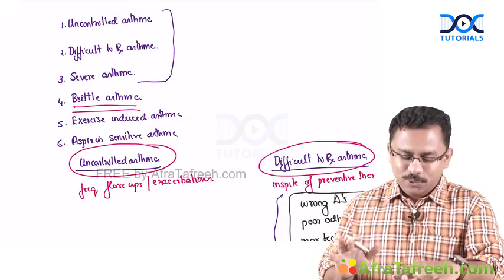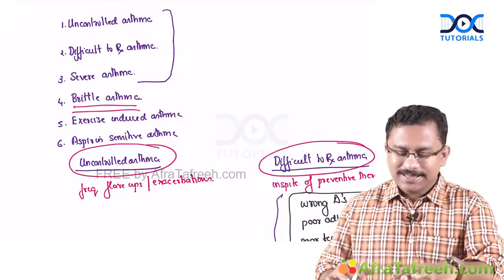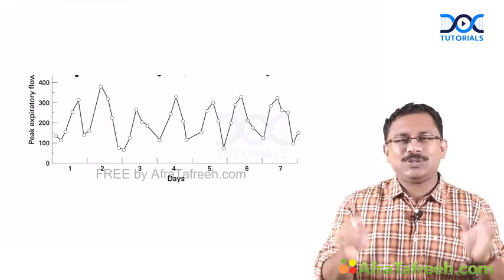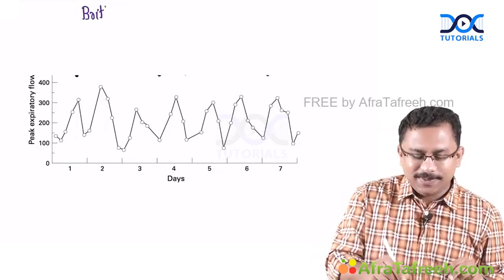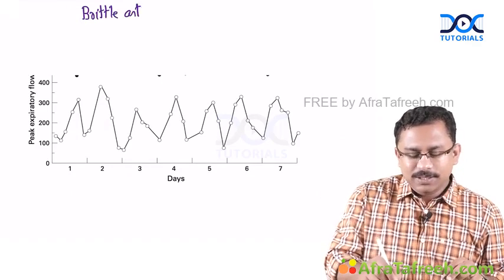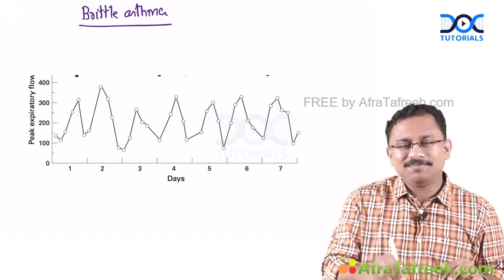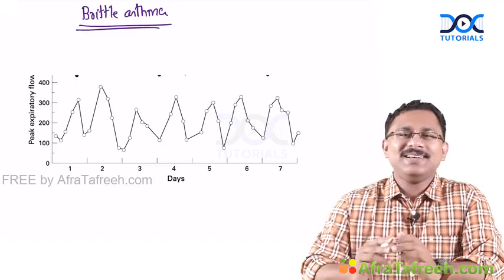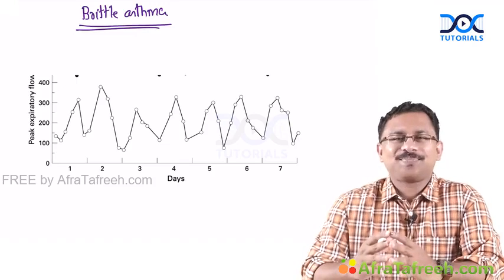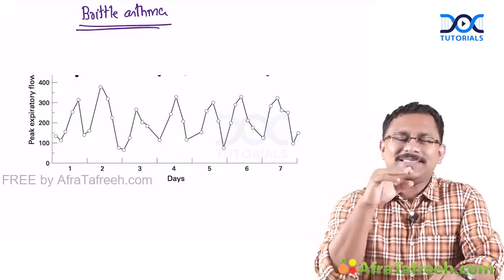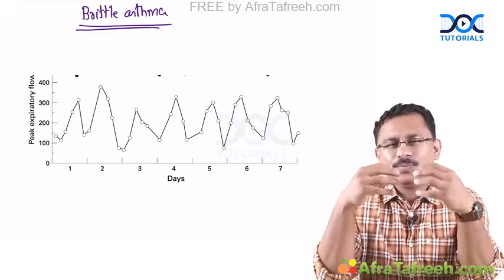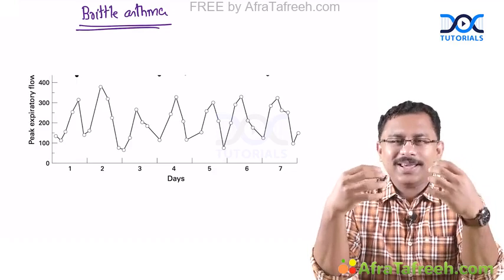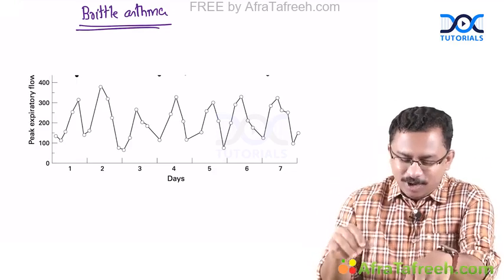Brittle asthma, I'm going to show you a picture because that is the picture that has to stay with you to remember this entity. You have heard of the term brittle diabetes, haven't you? So what is this brittle asthma? Brittle asthma means the asthma in this particular patient will be having frequent exacerbations, almost like this.